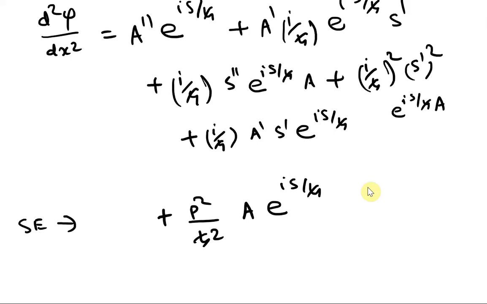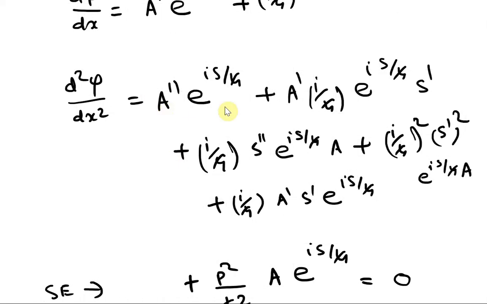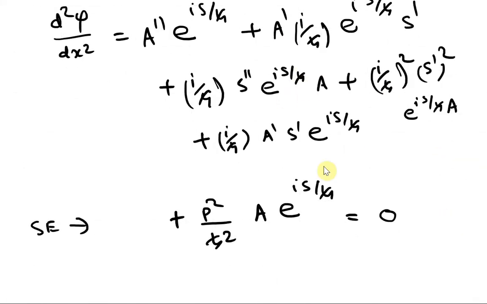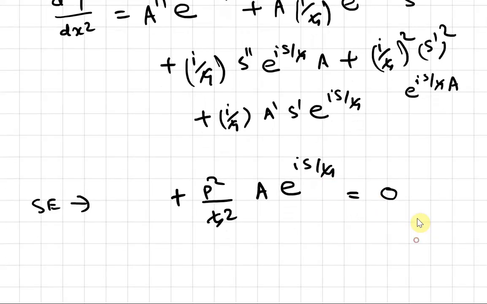So adding that term along with that will give you 0. This is what our Schrodinger equation is. Now what we have to do is we have to separate the real and complex numbers separately, and then later you can write the coefficients directly equal to 0 because RHS is having 0.